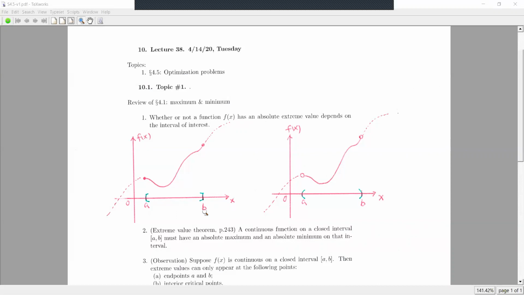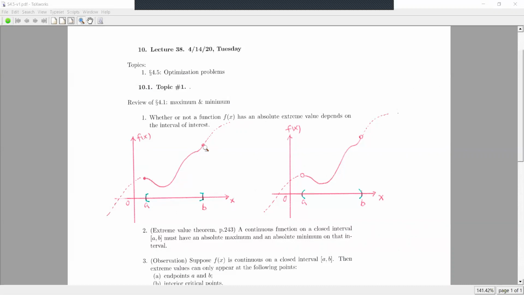Because the interval is closed, it contains the two endpoints, so at the two endpoints I add solid points. That means I consider these two points as part of the portion that I am considering.